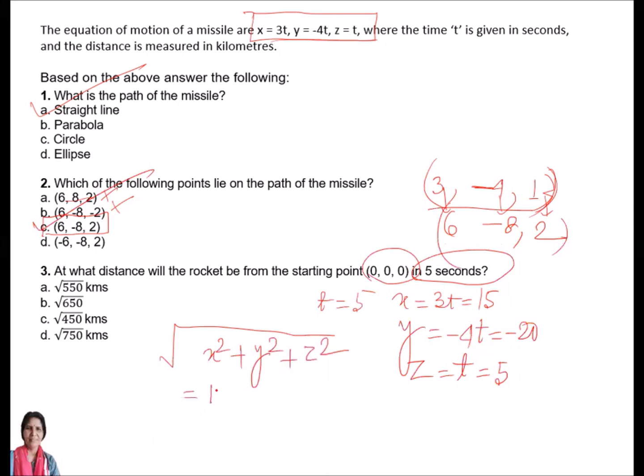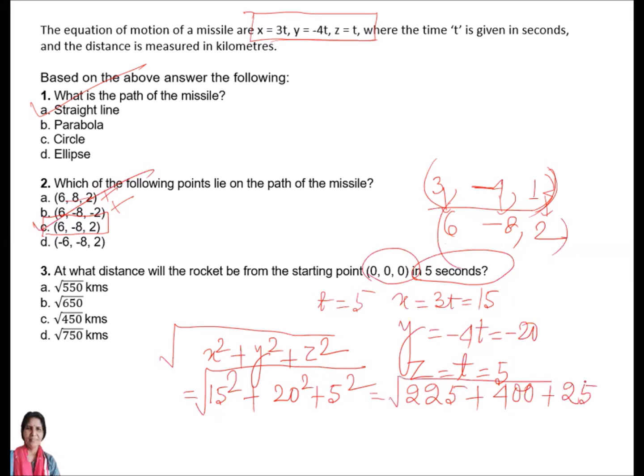So it will be 15 square plus 20 square plus 5 square, under root. So 15 square is 225 plus 400 plus 25. So you can find the answer now. It will be certainly square root 650 kilometers. So C is the answer of this question.